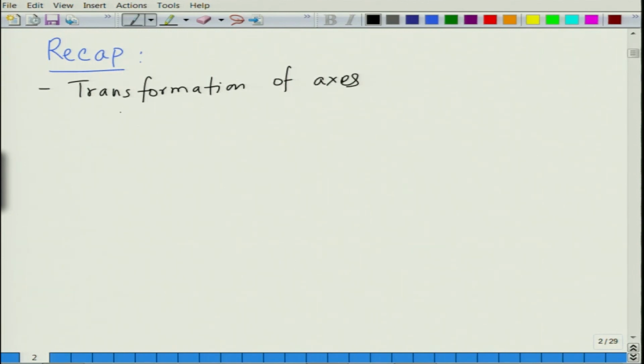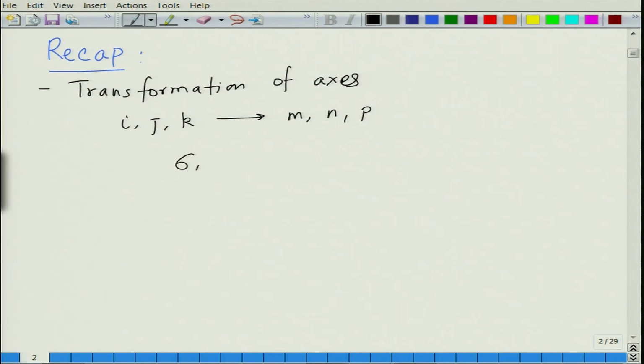Basically, you have one set of orthogonal axes, let us say i, j, k, and you want to transform to another set of axes, which is m and n.